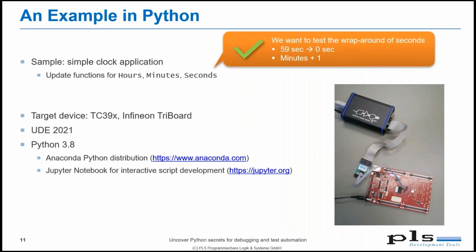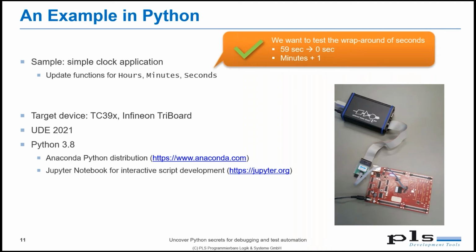The application under test is running on an Infineon Aurix TC39, and for the test we are using the current version of UDE. Here you can see the hardware setup. I use a UAD2 Pro from our UAD family of access devices to connect via the Infineon specific DAP interface to the Infineon TriBoard, and the UAD2 Pro is connected to my PC using a USB connection.